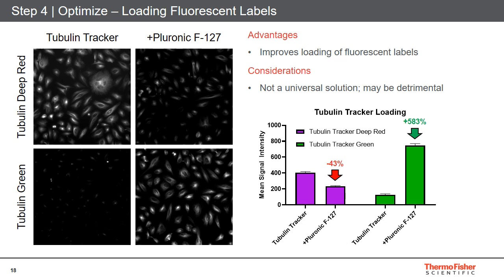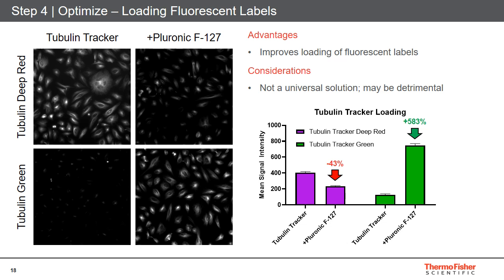The first approach I'd like to talk about is a method for improving the loading of different fluorescent labels. And so this can be done with different compounds that we typically refer to as surfactants. And one of them is called Pluronic F127. In the previous slide, you saw an illustration referring to a product called PowerLoad.